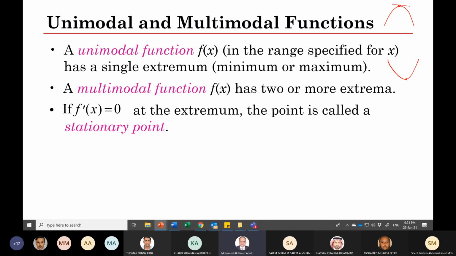The derivative of the function here is 0. The derivative of the function here is 0. For the multimodal, you can have a lot of these minimum and maximum points.